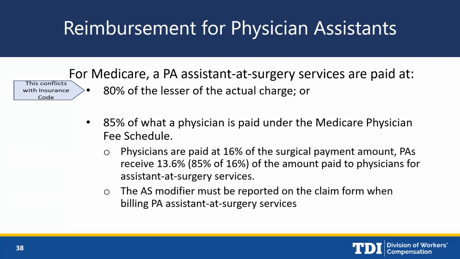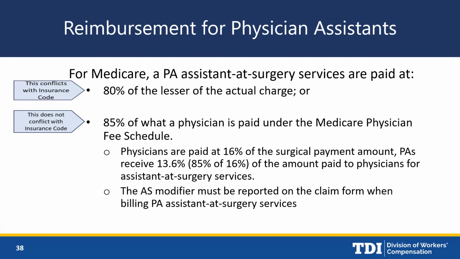PAs receive 13.6% of the amount paid to physicians for assist at surgery services. And you need to append the Medicare modifier, the AS modifier, if you're billing PA assisted surgery services. So just remember, we're taking that first bullet out and going with how Medicare pays your physician, and then you get a percent of that for assisted surgery.